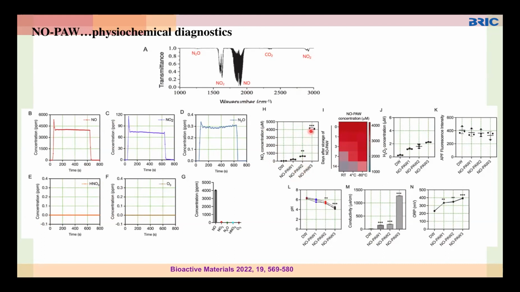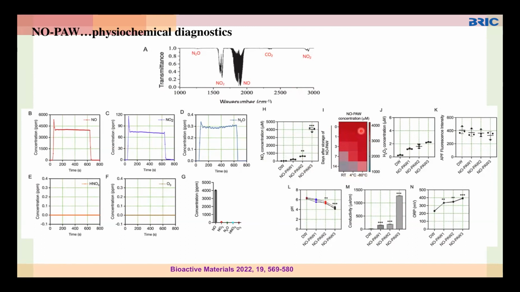Further, we checked the stability, aging, or you can say decay of this nitric oxide, because with time it may change. So for 14 days, we studied at 3 different temperatures. One is room temperature, which was 25 to 30 degrees during that time. And we checked at 4 degrees in the refrigerator, or you can say fridge. And also we checked at -80 degrees.